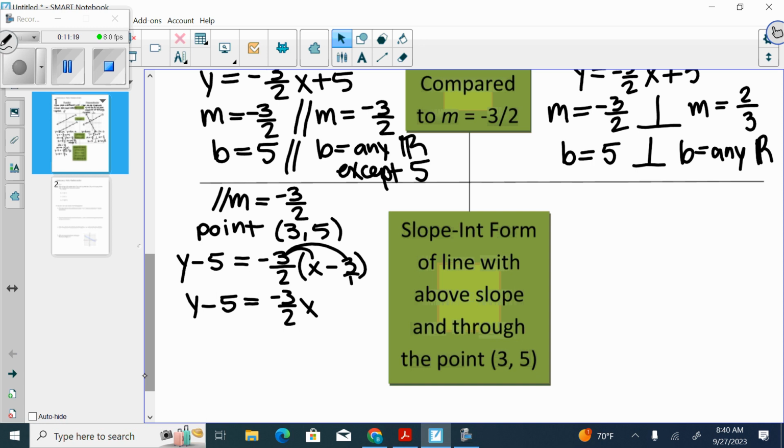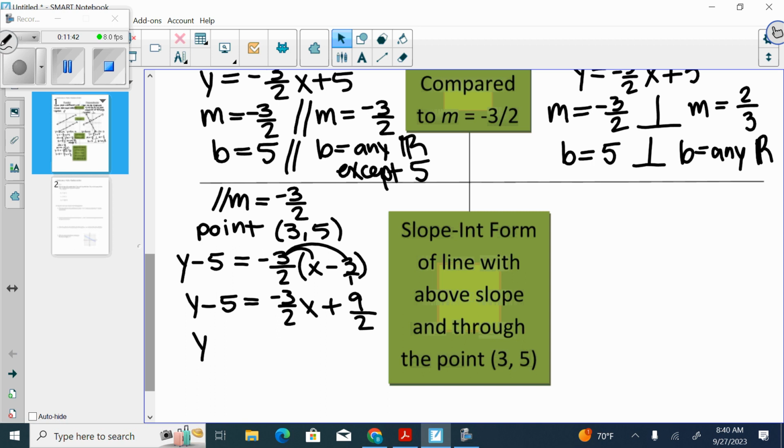What's -3 times -3? Positive 9 over 2 times 1, which is 2. All right. Okay, so now what should we do? Add 5 to the other side.